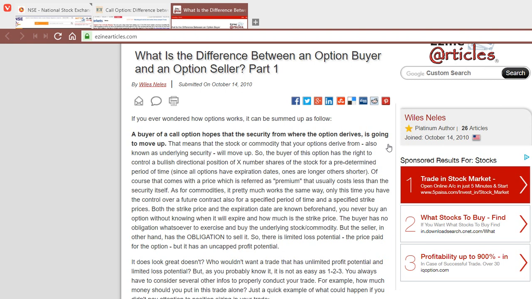In stock, whenever you want to sell a particular stock, you can only do this in intraday. That means if you are selling a particular stock, you have to buy it back intraday. That means the same day you have to square off the position. So there is no option of carrying it forward for the next day.